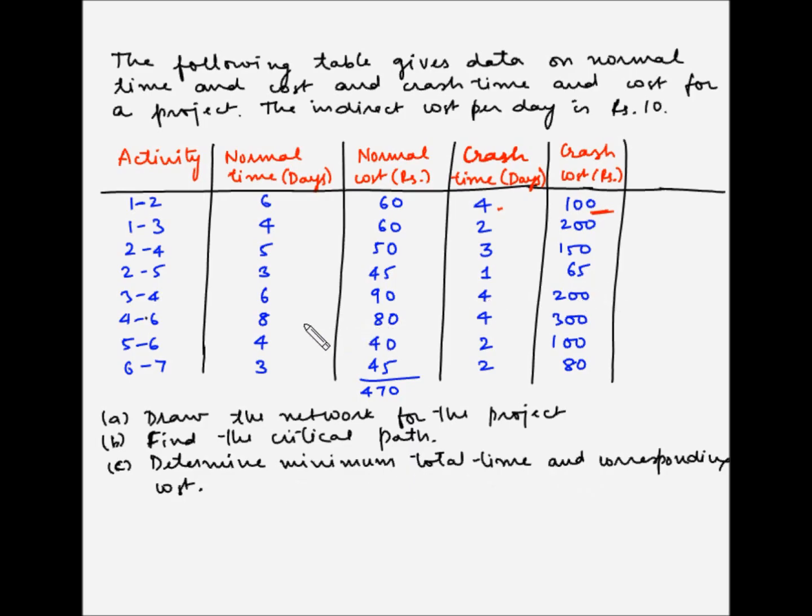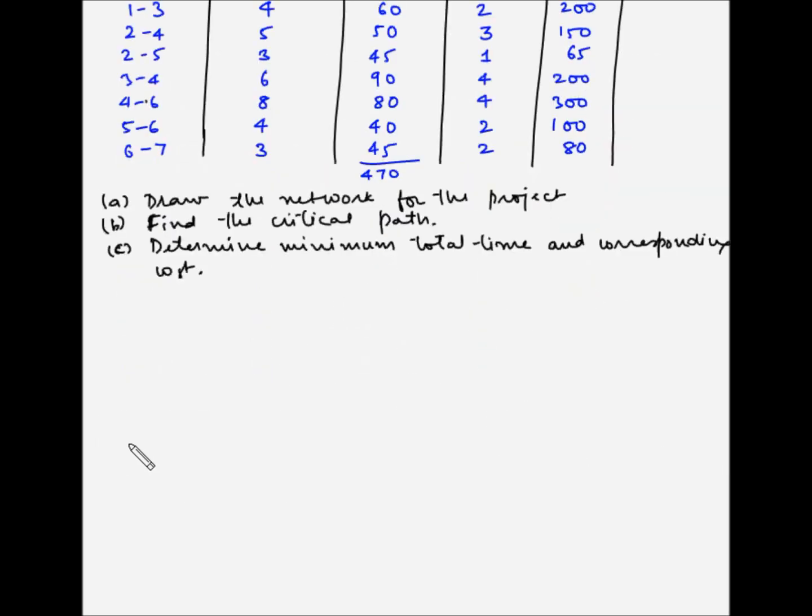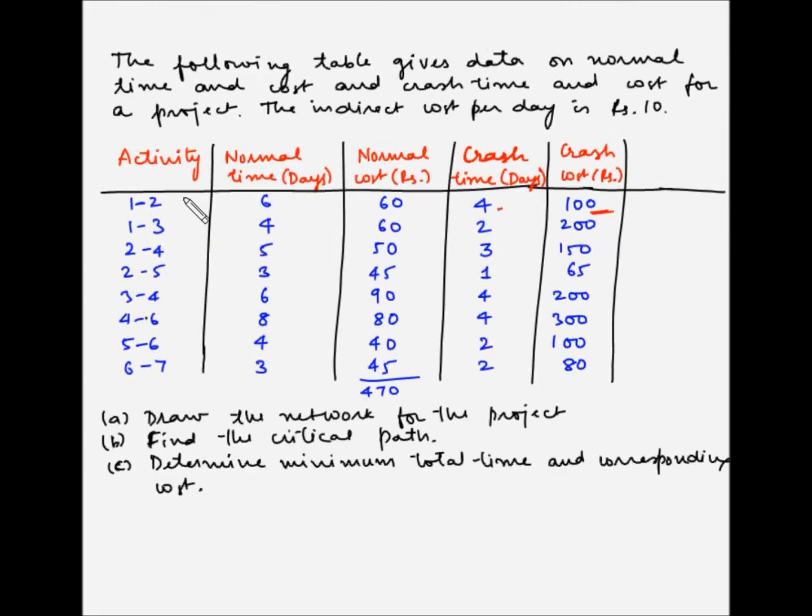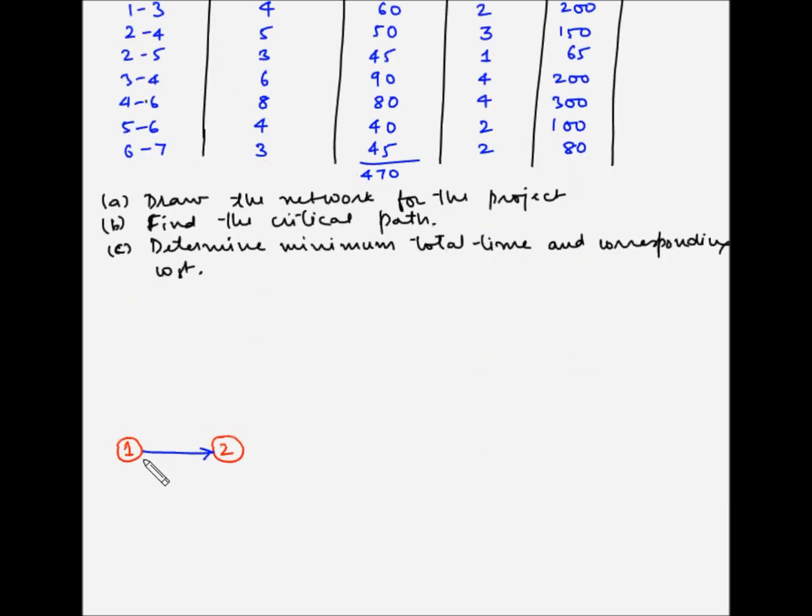So let's first draw the network diagram. So let's first draw the first node. Say this is 1, and then the second node, let's say this is 2. So this is the activity between 1 and 2. Now next is 1 to 3. So let's say this is 3.